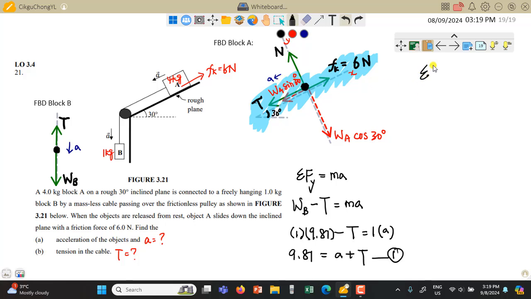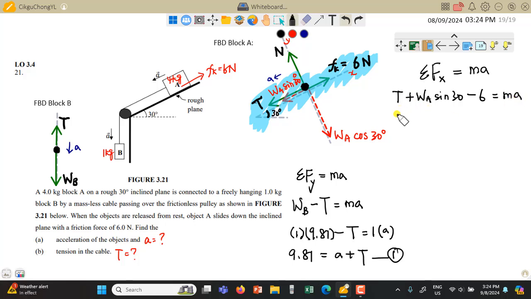So we apply Newton's second law, summation of force along the inclined plane, x direction, equal to ma. We're going to have tension plus weight A sin 30 minus 6 Newton equal to ma.